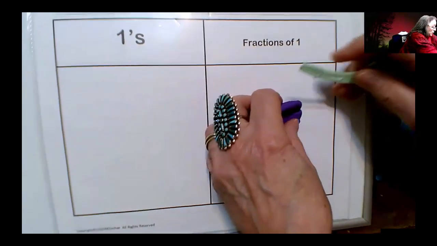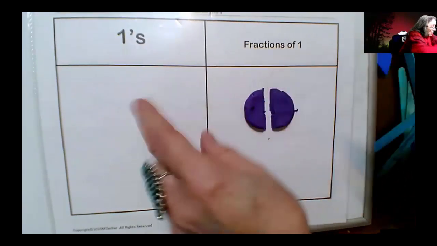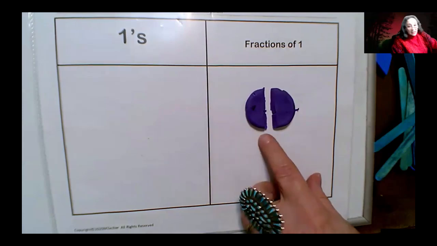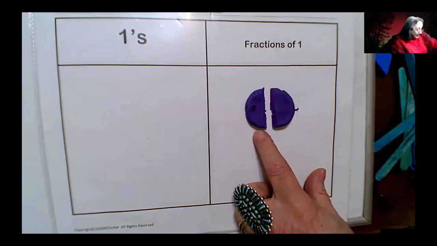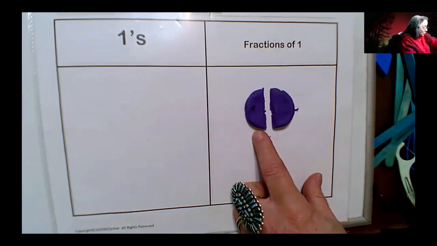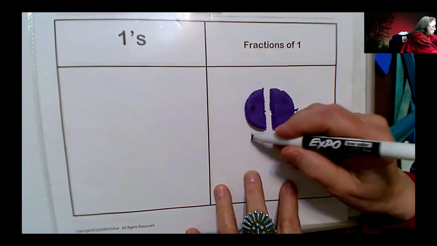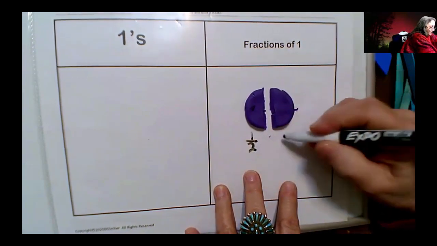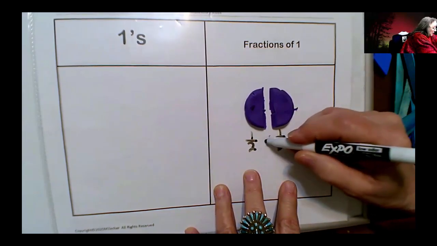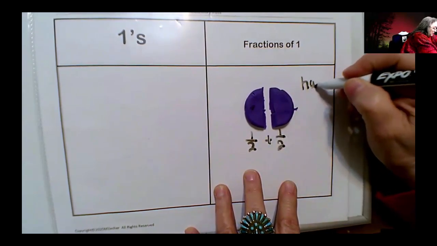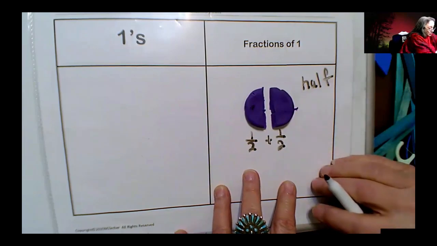And once it's in 2 equal parts, it's still the whole cookie, but its configuration is as parts. So here, I've cut it into 2 equal parts, and I'm going to use specific language. Each one is one of 2 equal parts. Its name is 1/2. It's a unique name like our teen numbers.